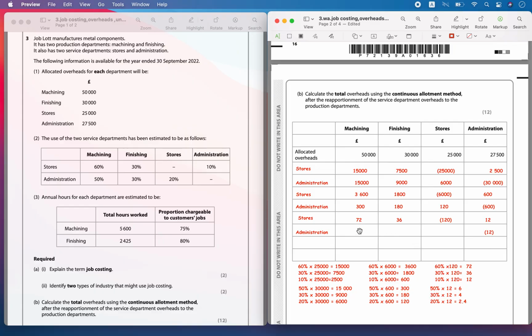So now let's write the values. It is 6 and this is 4 and this one will be 2.4.